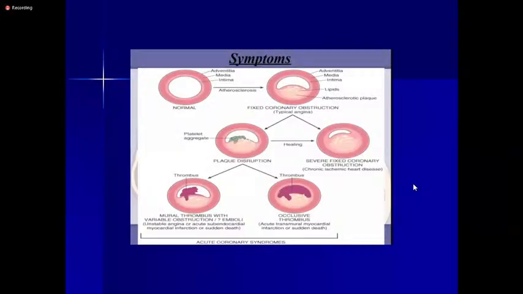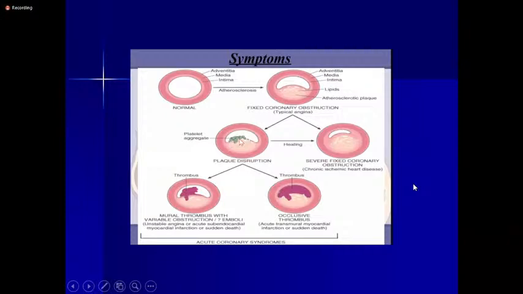So here, on the left of the screen, you have a normal coronary artery. Then on the right, you have an atherosclerotic coronary artery, but with an intact fibrous cap. Then you go to the left pathway, you have disruption of the fibrous cap.